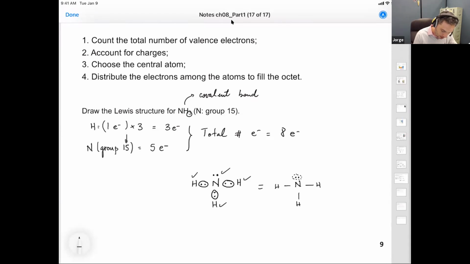Remember, the pairs that are not being shared are called lone pairs. Okay? And each solid trace is called a single bond. Always remember, hydrogen will only make one single bond, cannot make more than that.